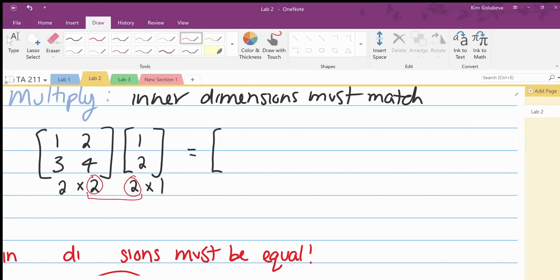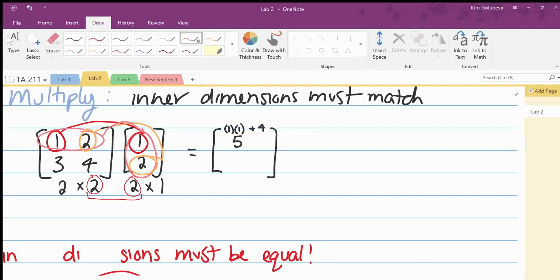And so the way we multiply this is we take all the entries from the row and multiply them by all the entries from the column. So the first entry in the row is multiplied by the first entry in the column. So we have 1 times 1, and we're adding the second entry in the row times the second entry in the column. So plus 2 times 2, which is 4. So it's 1 plus 4. So we end up with 5.